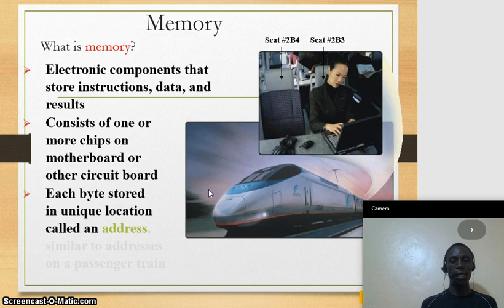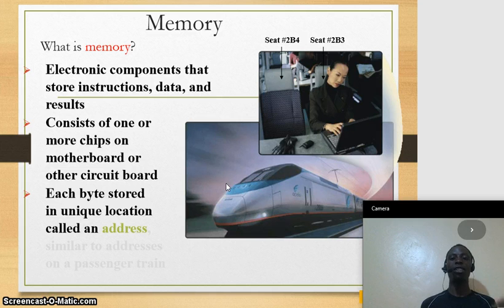Like in other lectures, we were mainly focusing on the random access memory.